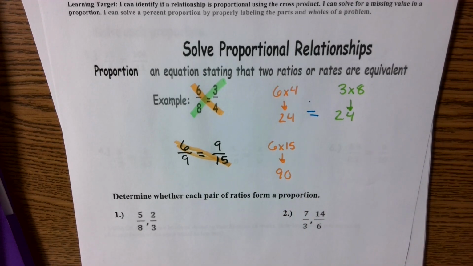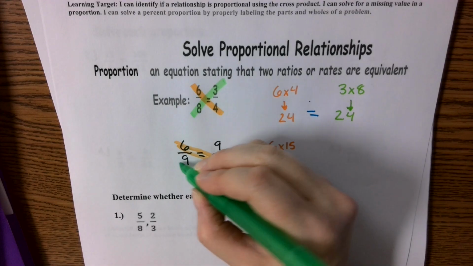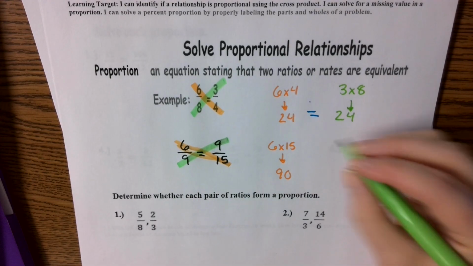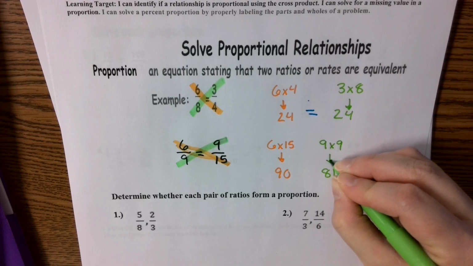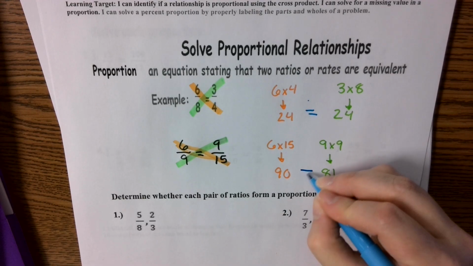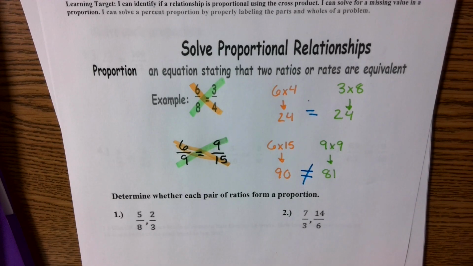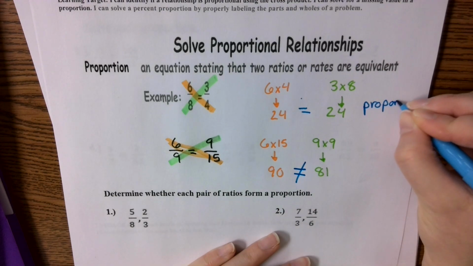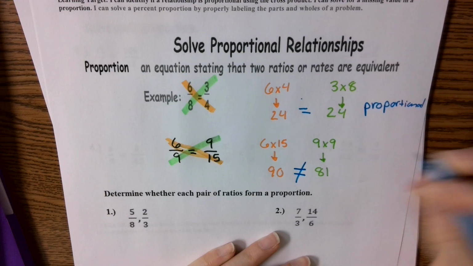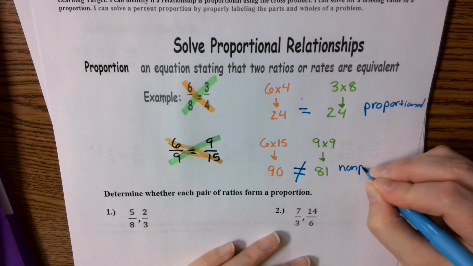And then I want to know, is that going to be equal to 9 times 9? What's 9 times 9? 81. Are those equivalent? No. So this is not a proportion. Okay, so the very top one, this is considered to be proportional. This is non-proportional.